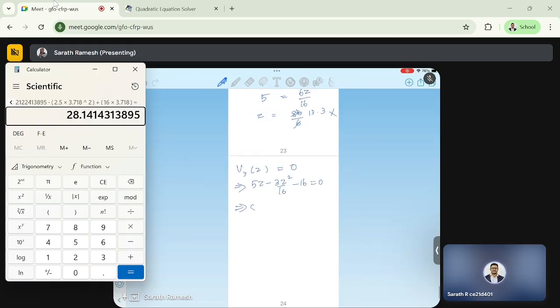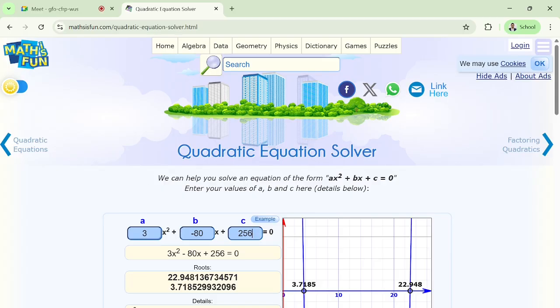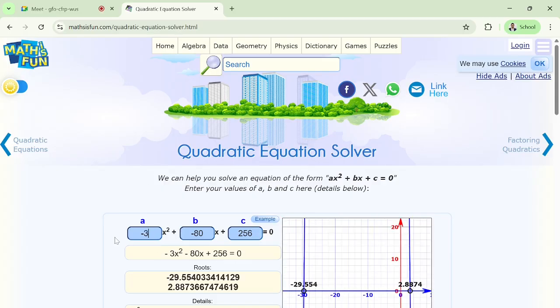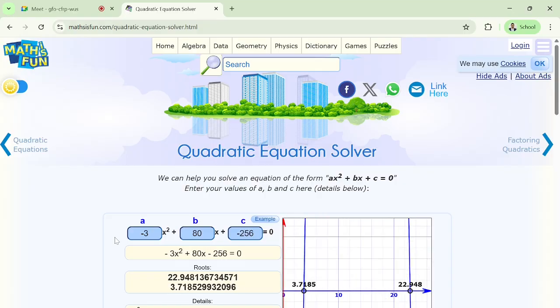So this implies 80z minus 3z square minus 256 equal to 0. So I'm getting two values again. Quadratic equation, A is minus 3, B is 80, and C is 256, so it's the same.